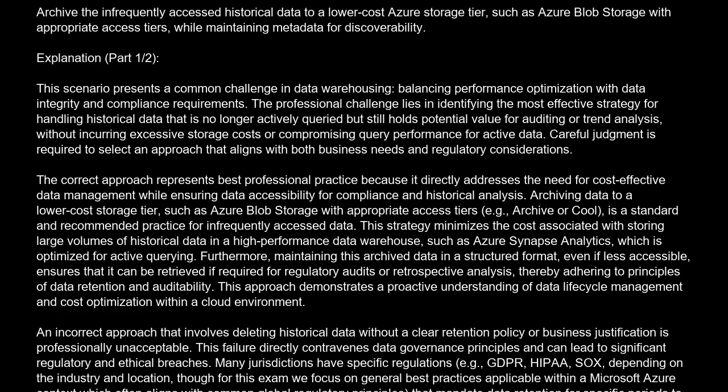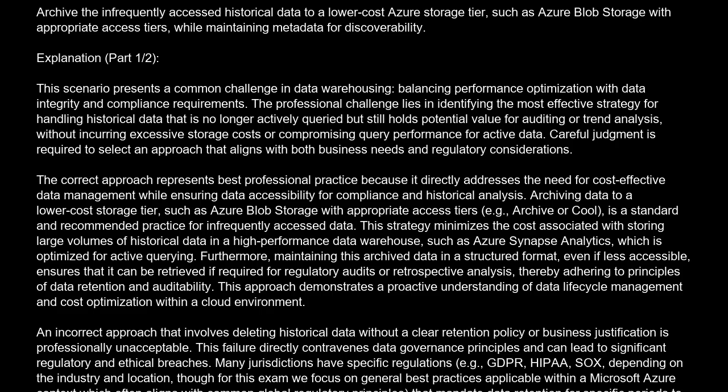Furthermore, maintaining this archived data in a structured format, even if less accessible, ensures that it can be retrieved if required for regulatory audits or retrospective analysis, thereby adhering to principles of data retention and auditability. This approach demonstrates a proactive understanding of data lifecycle management and cost optimization within a cloud environment.